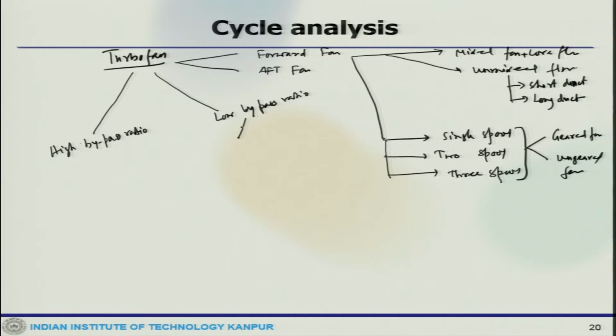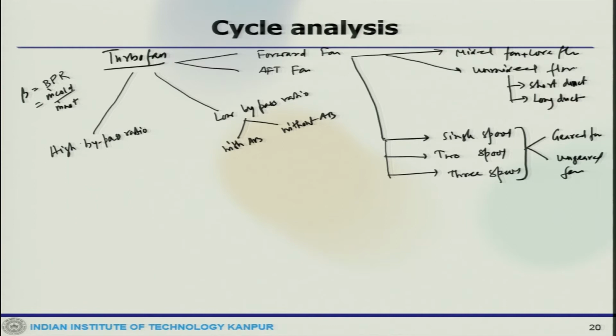Now, low bypass ratio engines could be with AB or without AB, that means with and without afterburning. So, there are different categories of engines available. When we talk about bypass ratio, we talk about this factor: the bypass ratio beta, BPR, which is m dot cold by m dot hot.